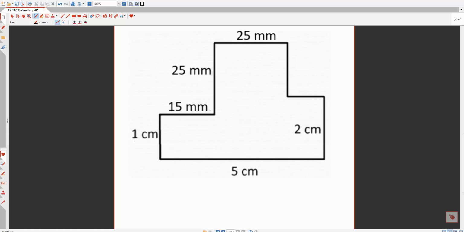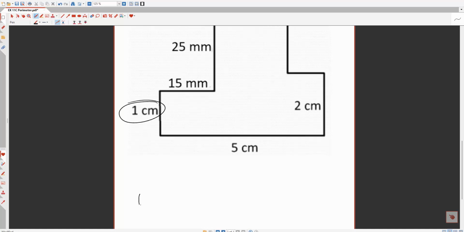So what I'm going to do is convert this 1 centimeter to millimeters. And you recall this diagram here. So it was km, m, cm, and mm. And we thought 1 kilometer is 1,000 meters. So we would times by 1,000, times by 10, and times by 100 rather, and times by 10.